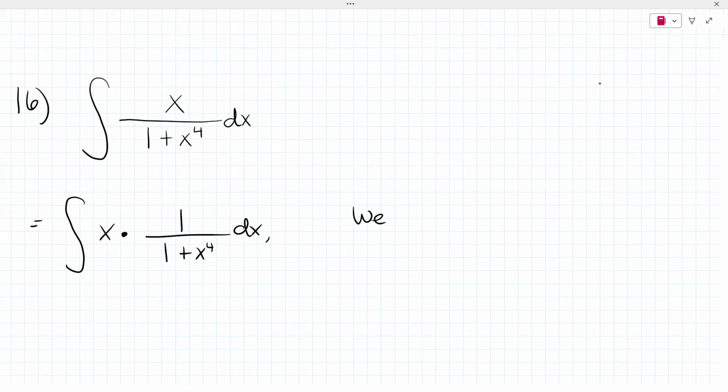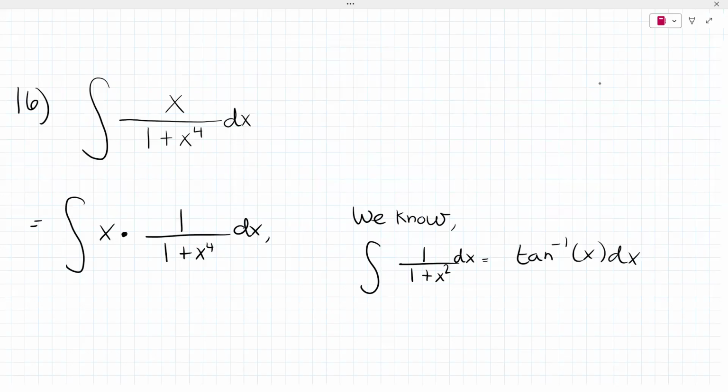And then we know that the integral of 1 over 1 plus x squared dx is the same thing as tan inverse of x, right?